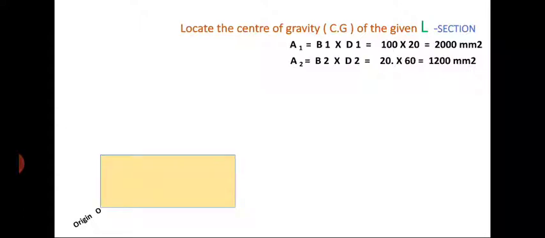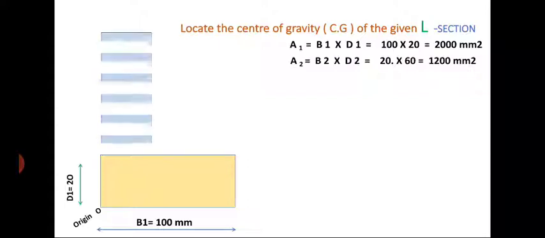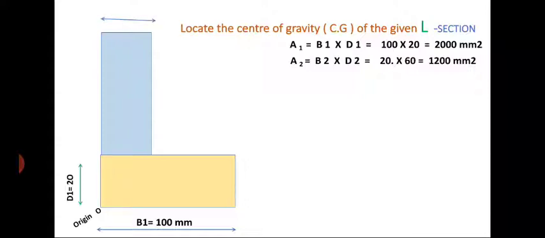A1 is the area of the bottom rectangle, that is B1 into D1. Therefore, A1 equal to 100 by 20 equal to 2000 mm square, and A2 is the area of the vertical rectangle. Dimensions are B2 equal to 20 and D2 equal to 60. Therefore, A2 equal to 20 by 60 equal to 1200 mm square.